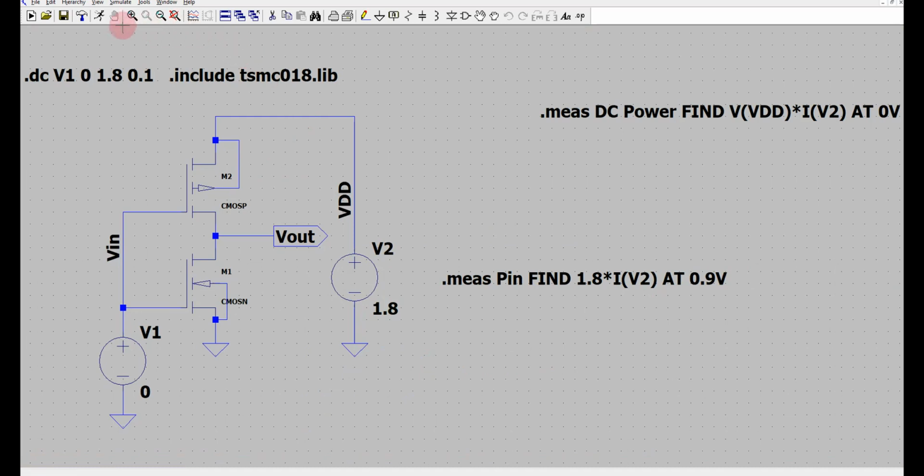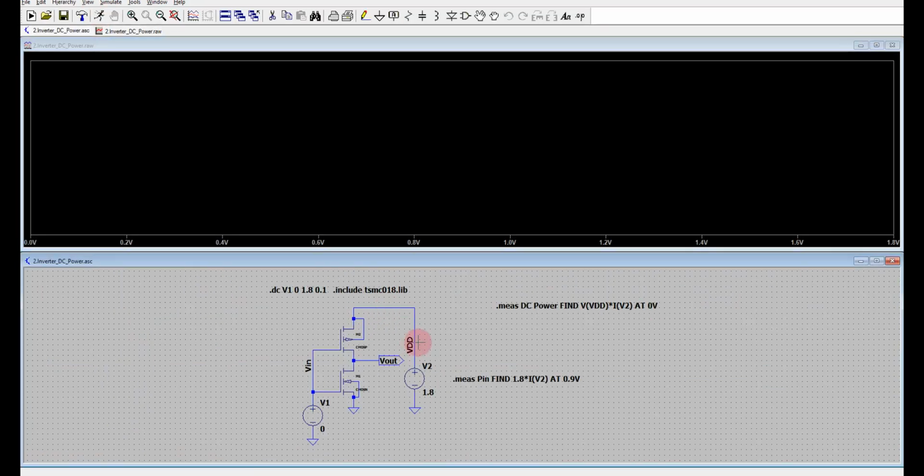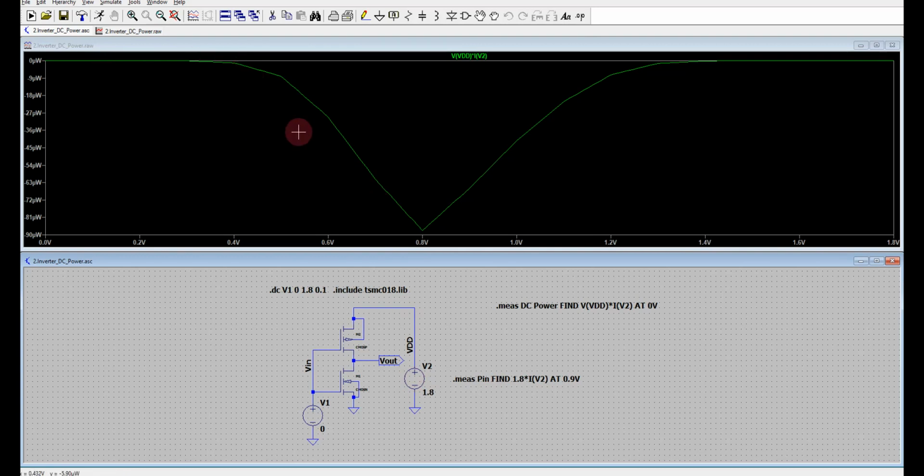You could also do one thing. If I press Alt and move, I'll get a thermometer kind of thing here. If I press that, it will plot the power directly. So if you see here, it is from 90 microwatt. It's negative because I am plotting the power source, it is giving power. It is not dissipating any power. It's negative because it is giving power to the circuit.